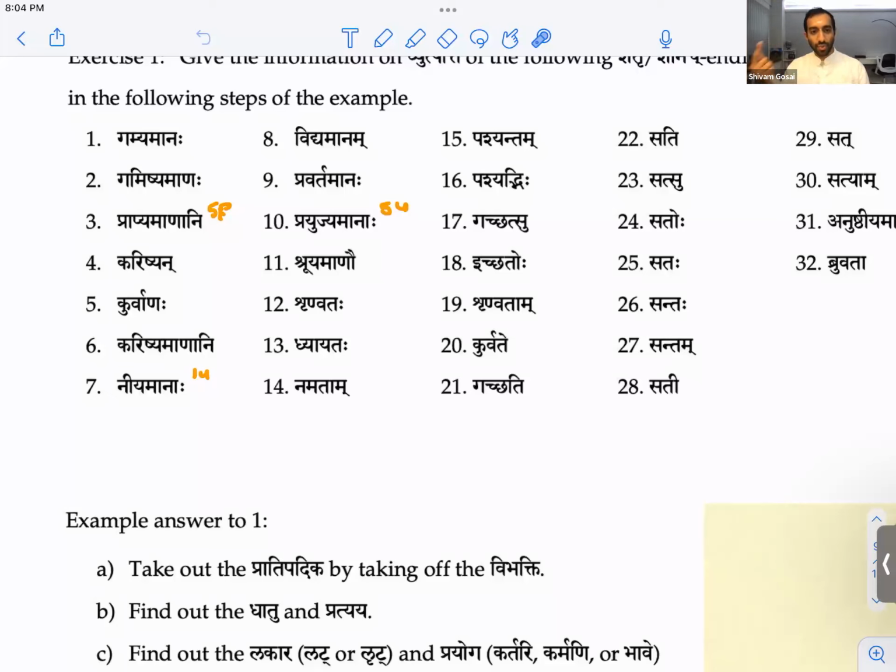So an object which is gone, which has gone. The object has gone. So that's how we translate karmani prayoga, right? Gone, not going. The object which has gone.